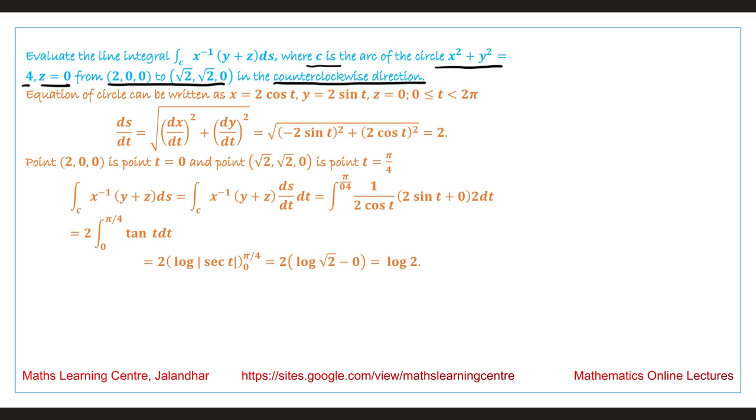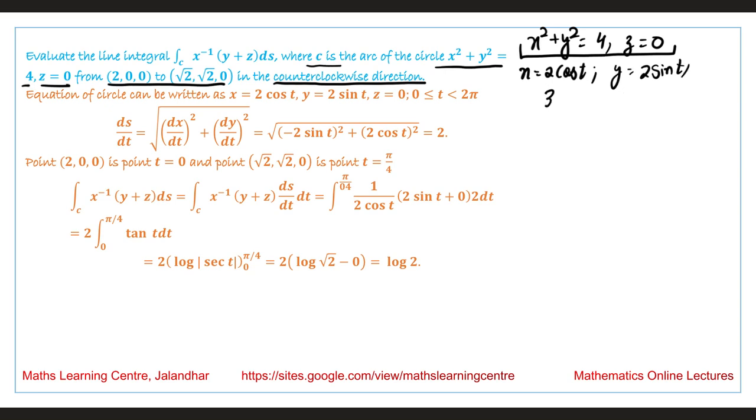We have already seen in our first lecture that the equation of this circle can be written in the parametric form as x is equal to 2 cos t, y is equal to 2 sin t, z is equal to 0, and t is varying from 0 to 2 pi.